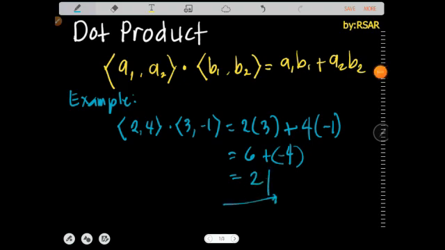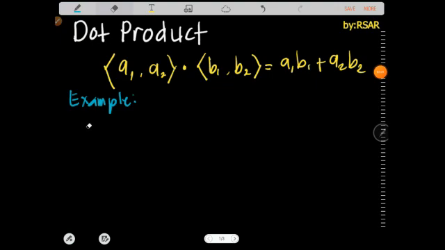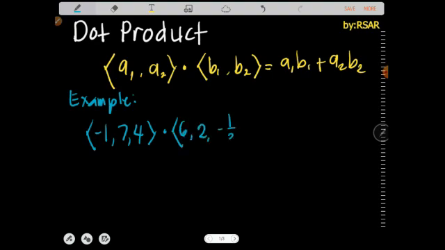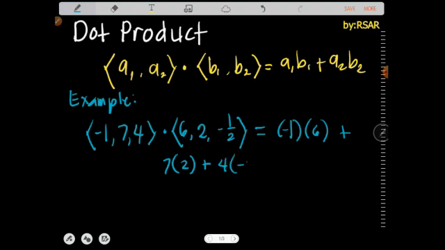Okay. Next example. How about this one? So, yung vector, meron siyang x, y, z. Negative 1, 7, and 4, dot 6, 2, and then negative 1 half. Same lang naman yung fashion niya, yung kanyang process. That is just equals to negative 1 times 6 plus 7 times 2 plus 4 times negative 1 half.